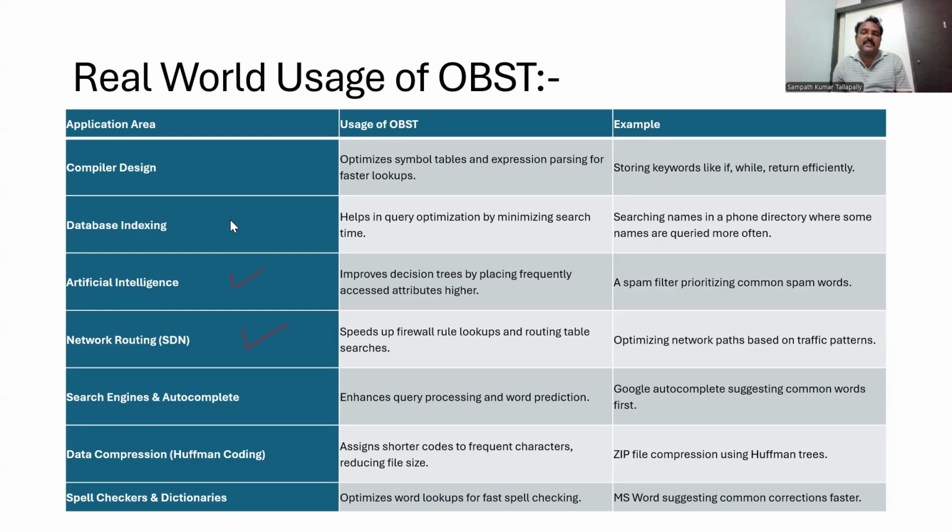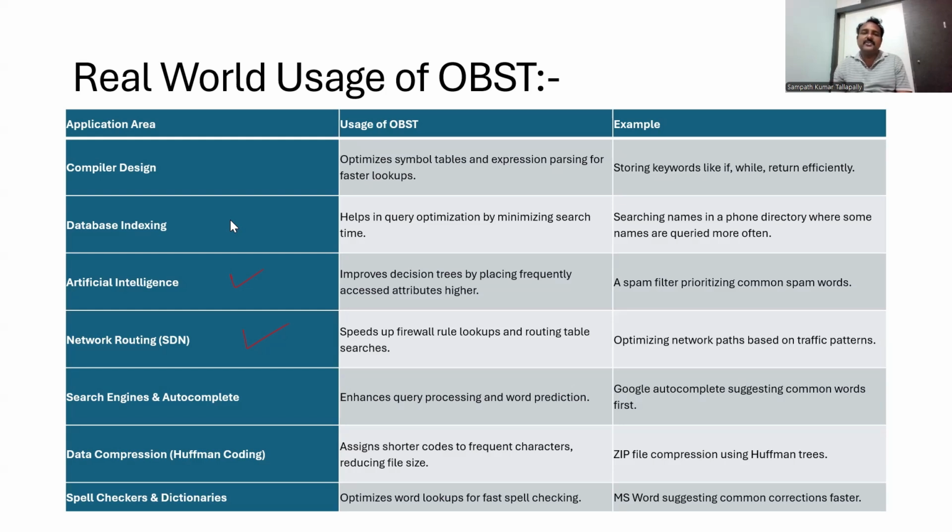So why we construct an OBST for the network is to access the nodes of the network in a faster way. So that's why we are going to use an optimal binary search tree in SDN.